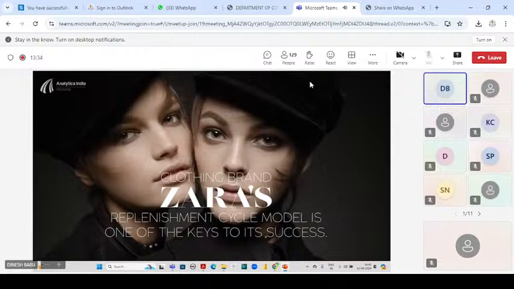Every year, they manufacture more than 84 crore garments. It is very difficult to manage the inventory manually, or even with a computational system. That's why they used computational intelligence, through which they manage demand and supply effectively.